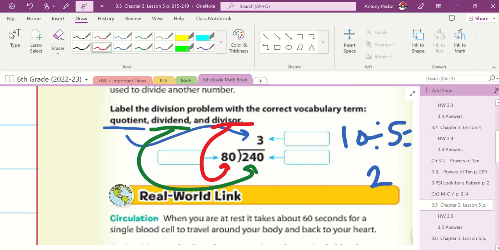Now, let's go ahead and practice. The quotient would be 2 in this case, the answer to a division problem. The dividend would be 10, the number being divided, and the divisor would be 5, the number that we are dividing by.